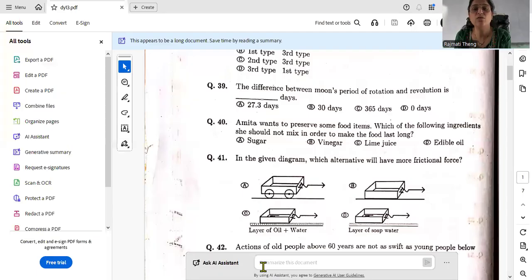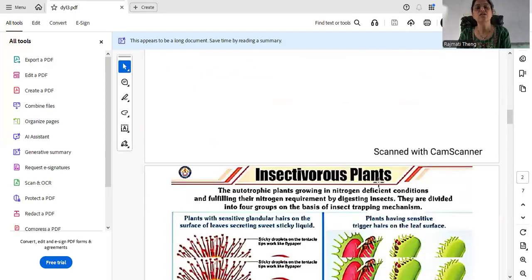Then vinegar, yes, vinegar is a preservative, so she can add vinegar. Then C, lime juice. Then next one D, edible oil. Edible oil is also a natural preservative, but lime juice is not a natural preservative. So question number 40, correct option, that is the C.